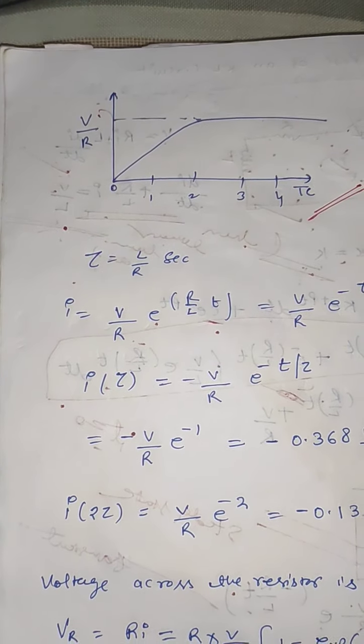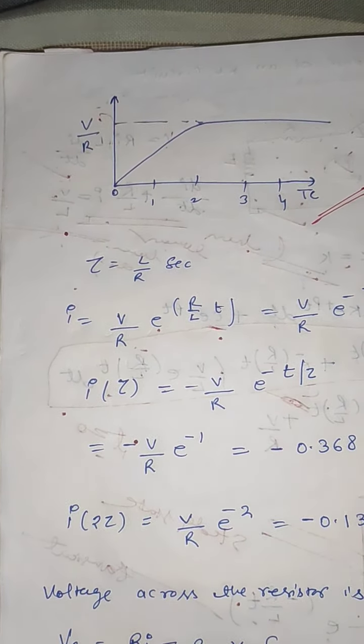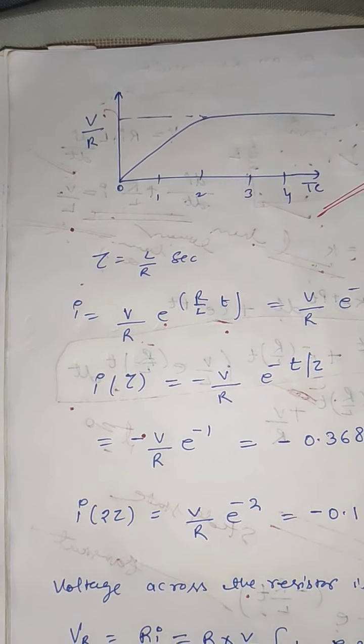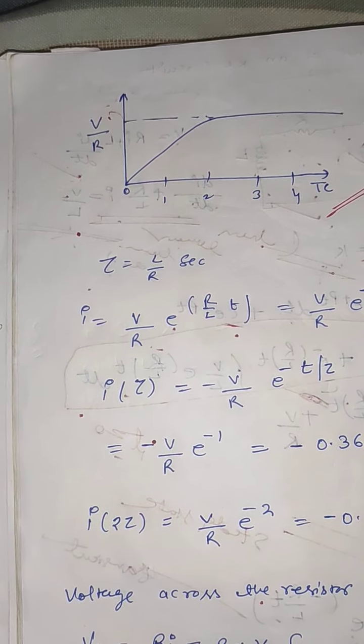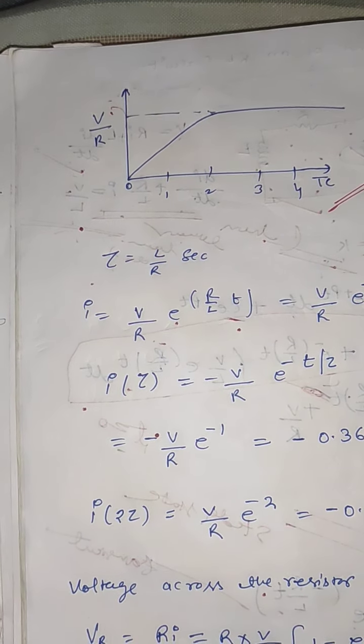The transient period is defined as the time taken for the current to reach the final steady state value from the initial value.